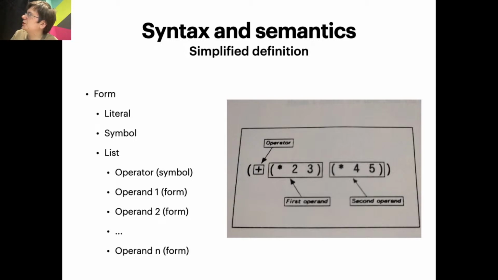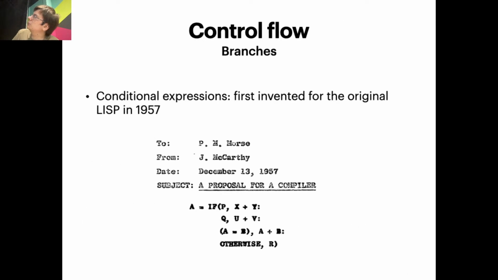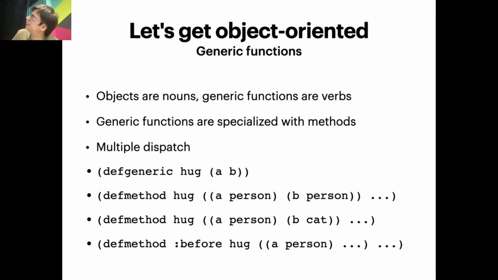The syntax is very uniform, and we can operate on our syntax, on our abstract syntax tree so to speak, directly. Everything is basically a list in our language, all of our syntax, and we can operate on it like any other list.